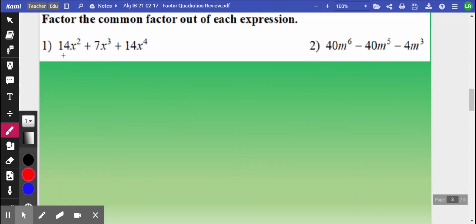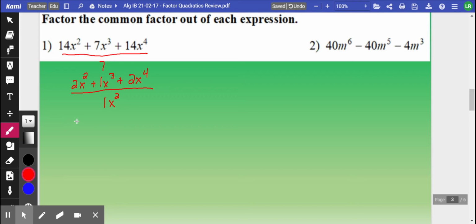So for the first one, I can divide out a 7. So that's going to give me 2x squared plus 1x to the third plus 2x to the fourth. Smallest number is a 1, so 1, it's done. And I'm looking at my x's. The smallest one is this x squared. So I'm going to divide out the x squared.